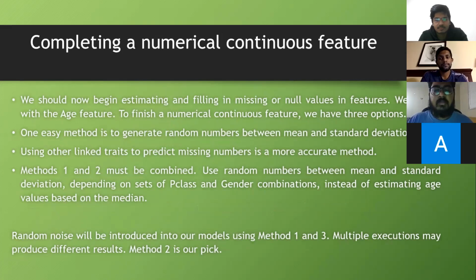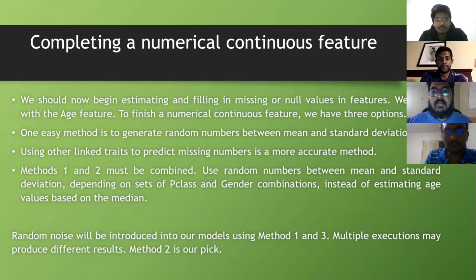Hello everyone, this is Mahesh, and I'm going to explain completing numerical continuous features in this slide. Here we should now begin estimating and filling in missing or null values in features. We should start with the age feature. To complete a numerical continuous feature, there are three options. One easy method is to generate random numbers between the mean and standard deviation.